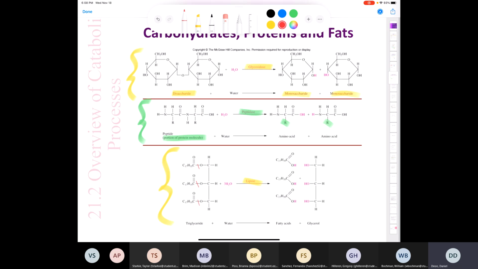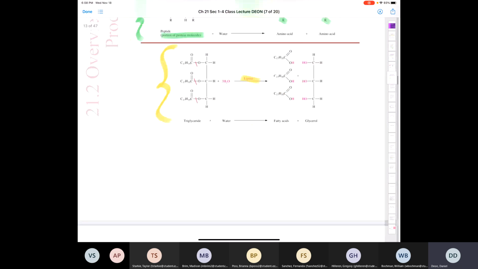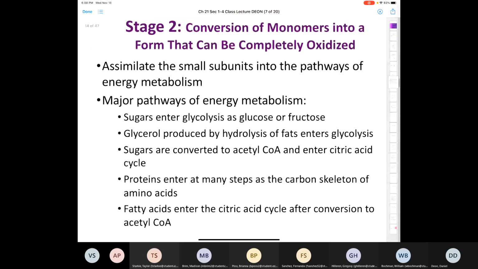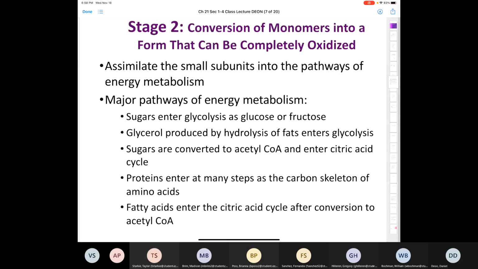We can actually get a lot of energy from fats. We can harvest a lot of ATP from triglycerides. Then those small subunits are going to go into various pathways of energy metabolism depending on their structure.